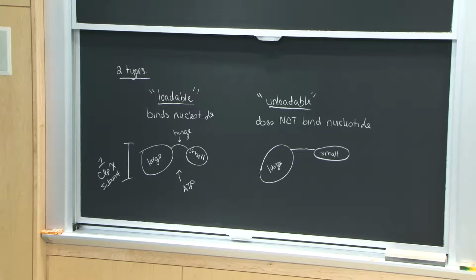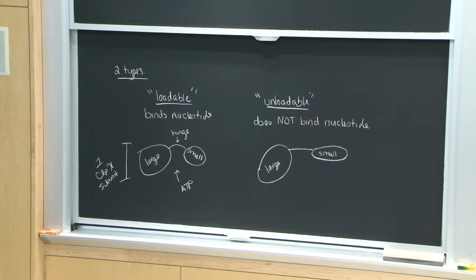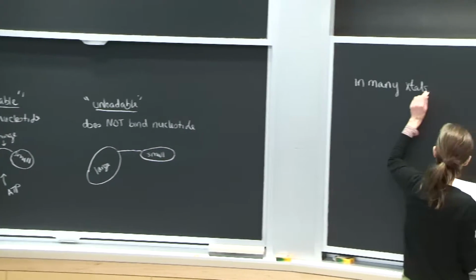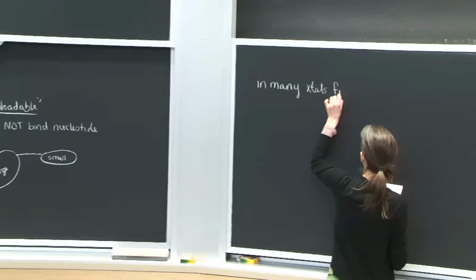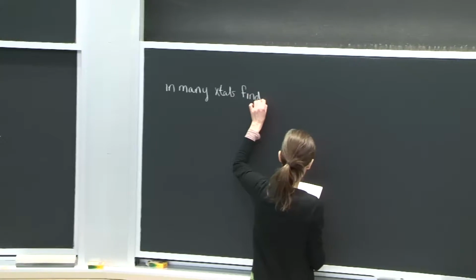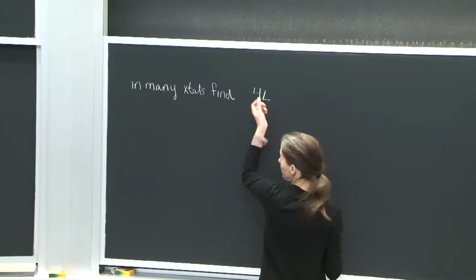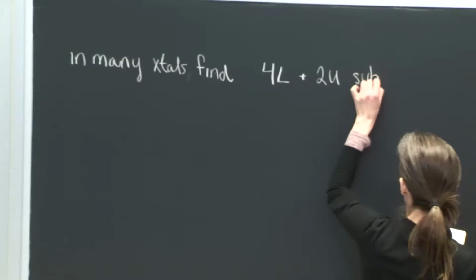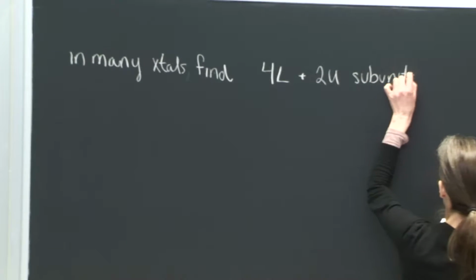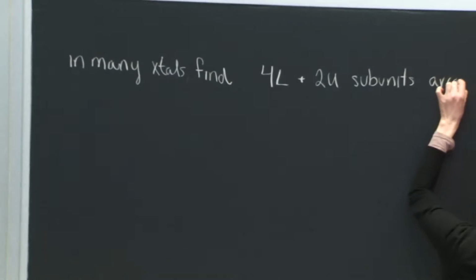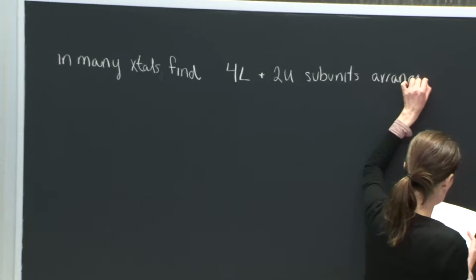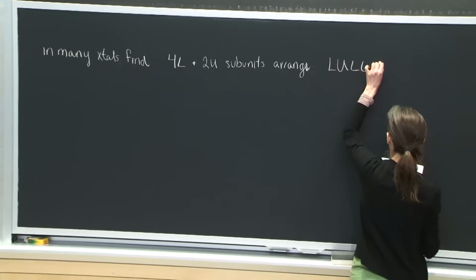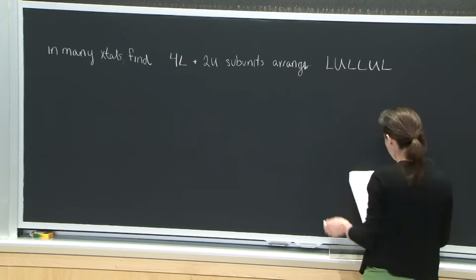Okay, so in many crystals, what's found is that there's 4 loadable, I'm just going to do with L, plus 2 unloadable subunits, arranged with about 2-fold symmetry, so L, U, L, L, U, L. Okay.